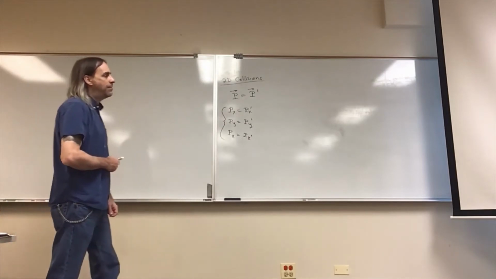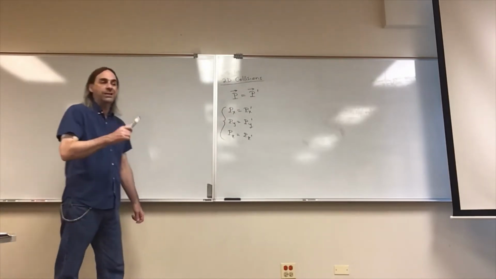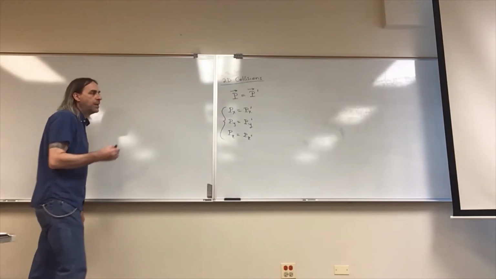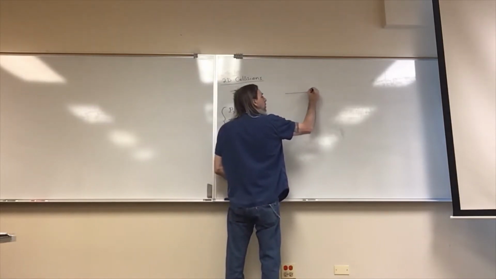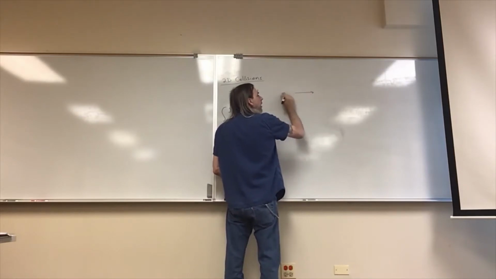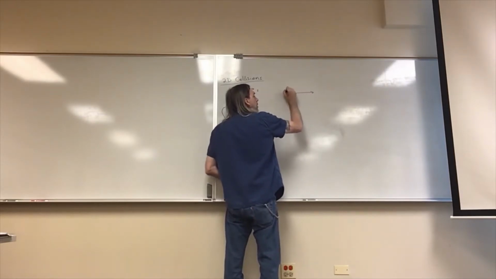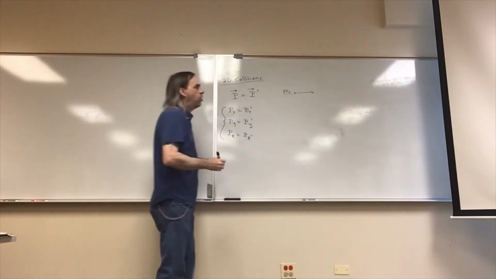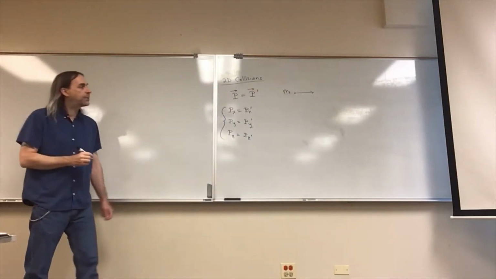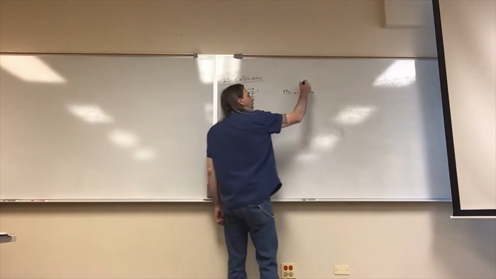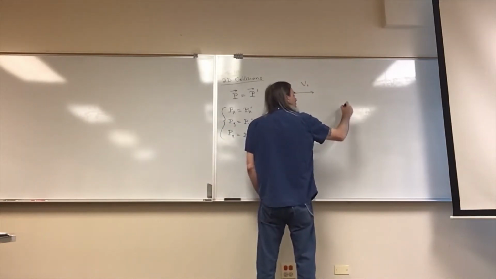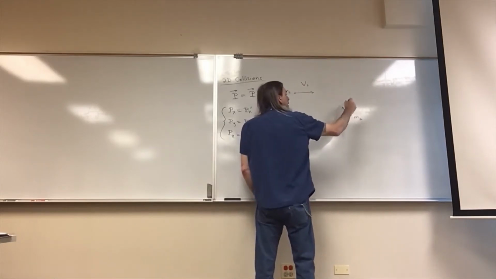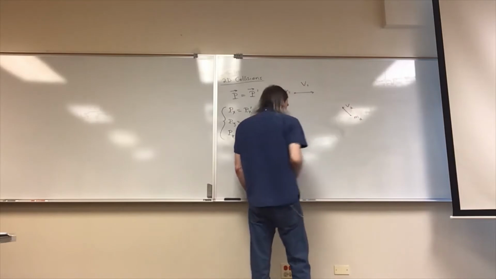So let's look at maybe a general example, maybe not solve it, but just kind of set it up. Let's look at the most general two-dimensional collision. Let's say we have M1 moving along the x-axis with a velocity v1, and mass 2 is moving with a velocity v2.